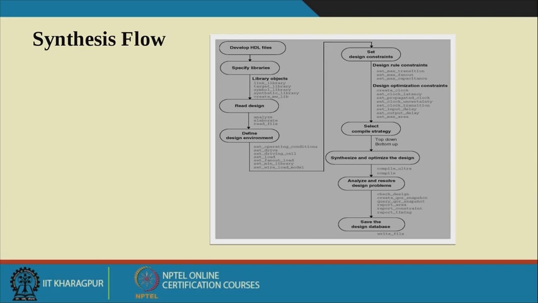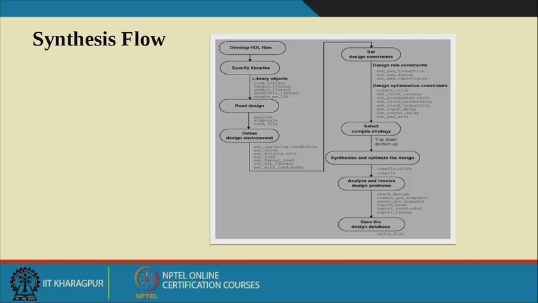After importing those libraries into Design Compiler, you can read the design, that is, read the Verilog file. For reading the Verilog file, you have to perform analyze and elaborate. After that you have to define the design environment.